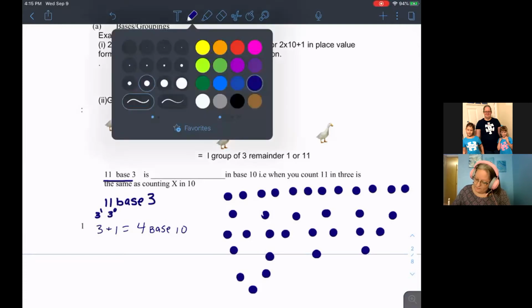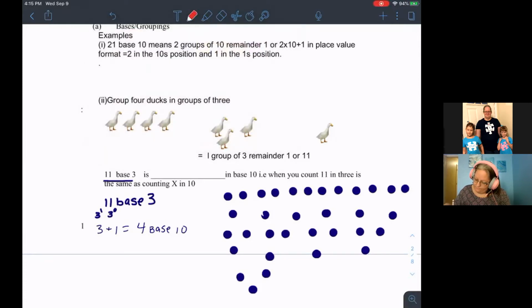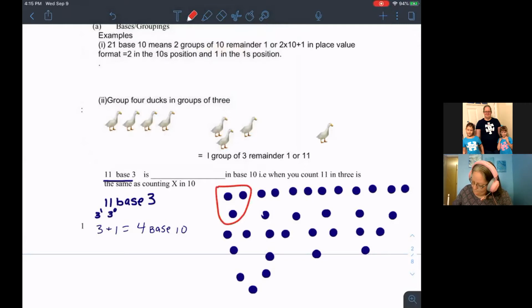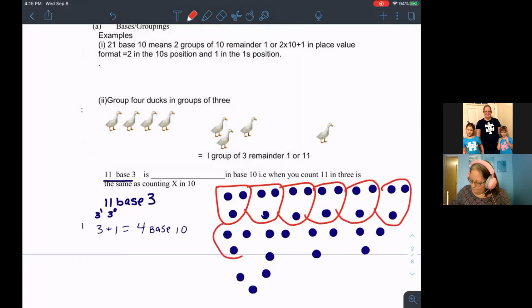So we have 11 groups of 3, so you have 11 in base 3.